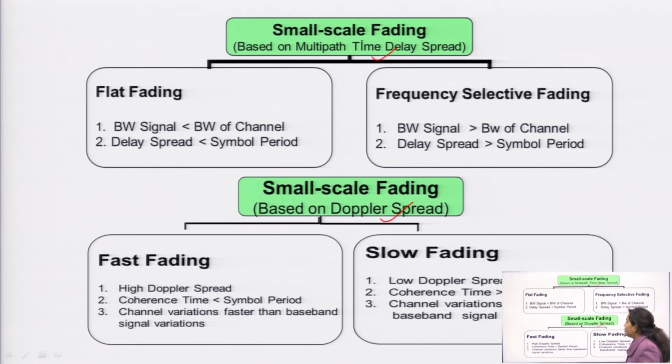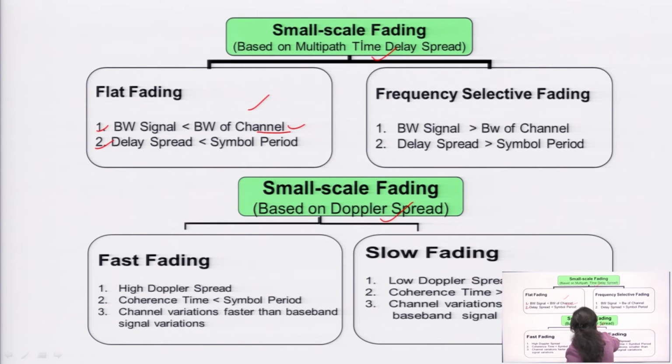In the multipath time delay case, this is known as flat fading. The bandwidth of the signal is smaller than the bandwidth of the channel, and the delay spread is smaller than the symbol period. So, this is how we have to characterize the particular signal.